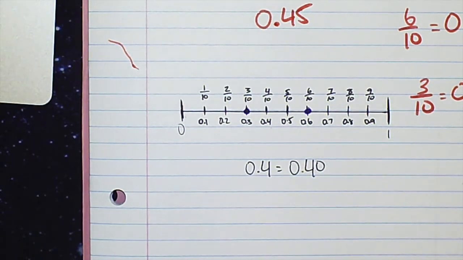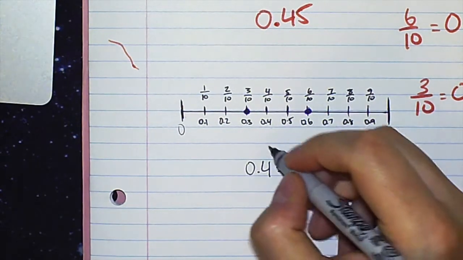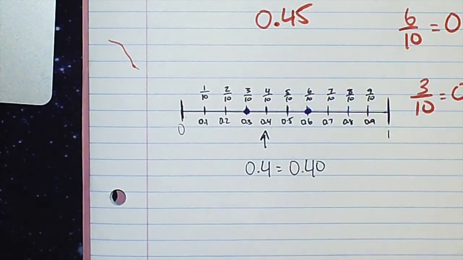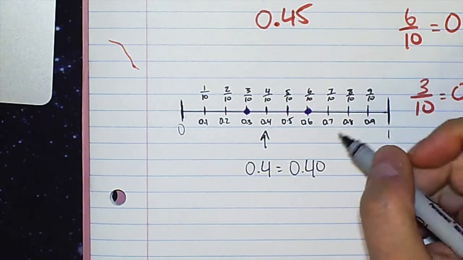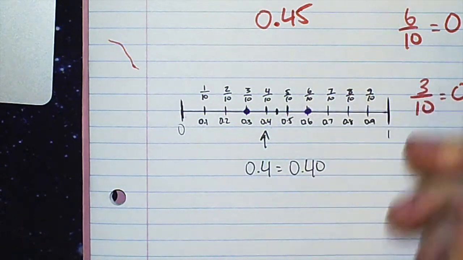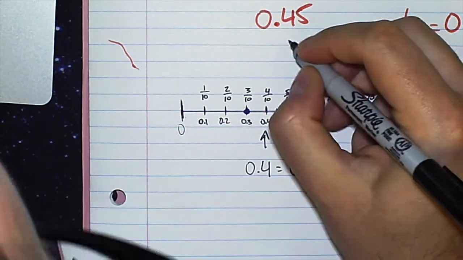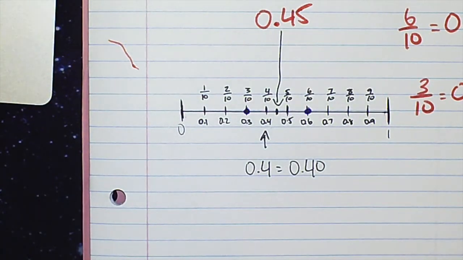That is the exact same thing. So 0.4 is right there. So where would 0.45 be? Well, 0.45 would be right here in the middle. So this right here is where we would find 0.45.